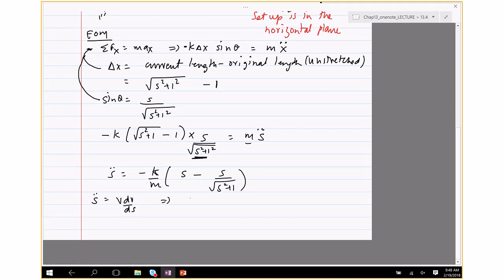So v dv ds equals minus k divided by m times s minus s divided by the square root of s squared plus 1. So v dv is minus k divided by m times that, ds.